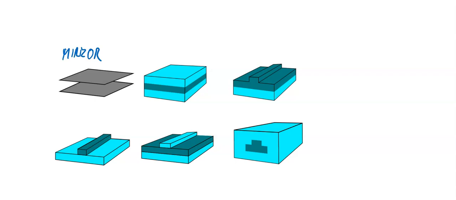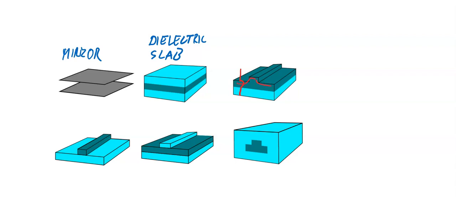In the second case, we have dielectric materials, and the mirror is formed by total internal reflection at the material's boundaries. And this is often called a slab waveguide.